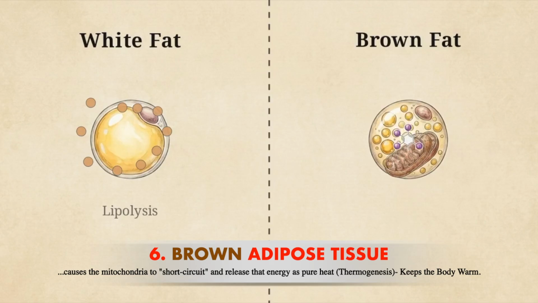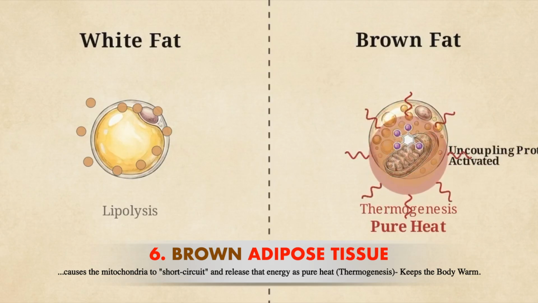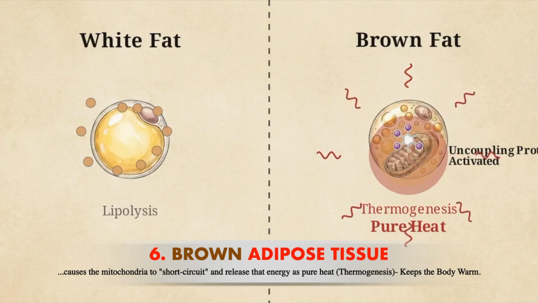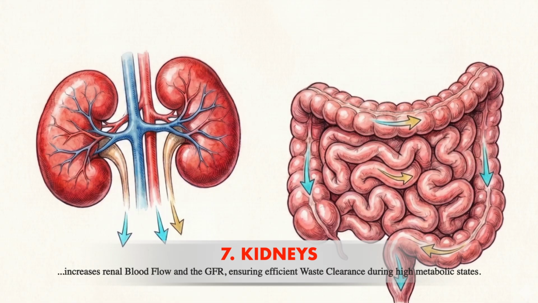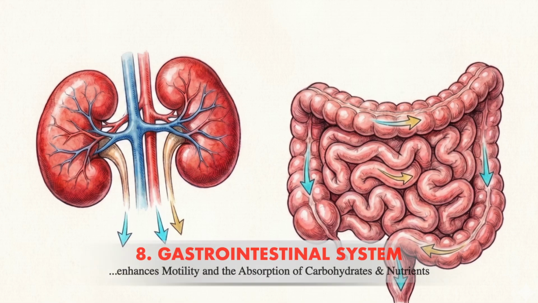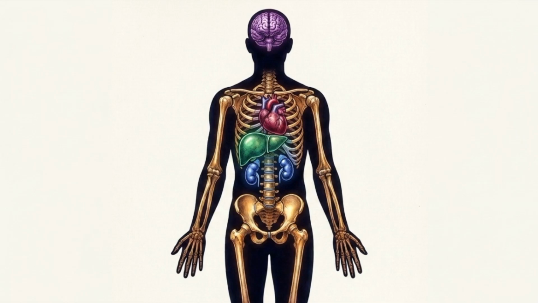This thermogenesis process causes mitochondria to bypass ATP production, instead releasing energy as pure heat. Finally, to support this load, T3 increases kidney filtration rates and enhances gastrointestinal motility, ensuring nutrients are absorbed and waste is cleared efficiently. While the molecular trigger is the same in every tissue, the localized genetic blueprints ensure that every organ responds in a coordinated tissue-specific manner.